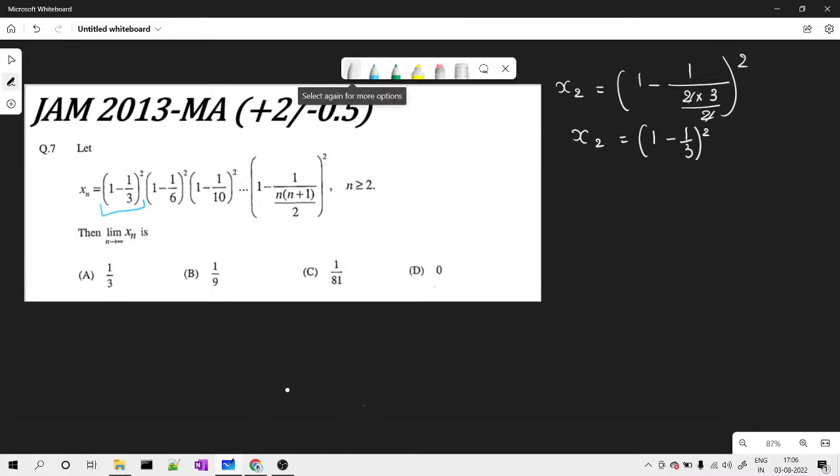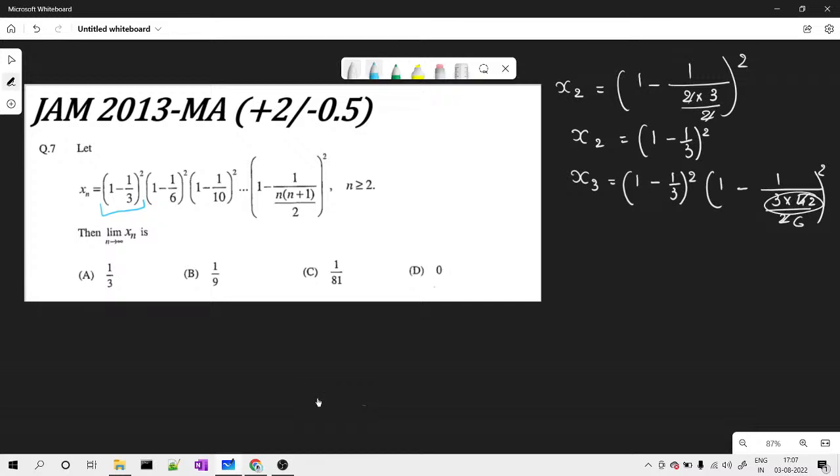Let us talk about x3 now. My x3 is nothing but, in this formula, I should go till n equal to 3. If I put n equal to 2, I get 1 minus 1 by 3 the whole square. And if I put n equal to 3, I'll get 1 minus 1 by (n plus 1 is 4, divided by 2, so 3 twos are 6) the whole square.